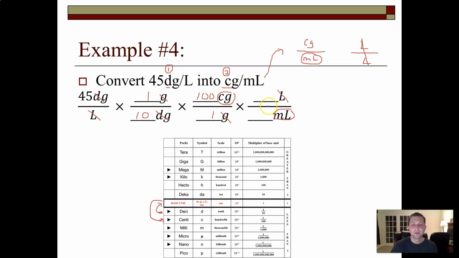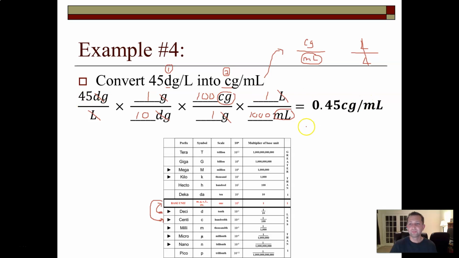So 1 liter is 1,000 milliliters. 45 divided by 10 times 100 divided by 1,000. 0.45, 2 sig figs, 0.45 centigrams per milliliter. So, I think that all works out.